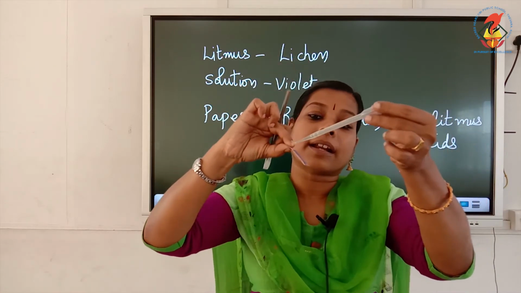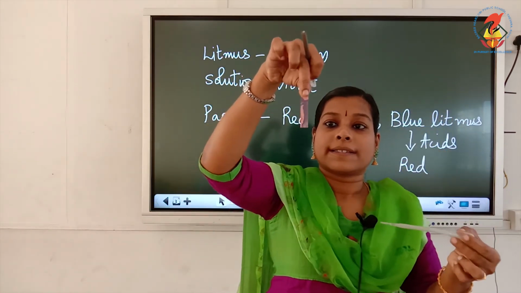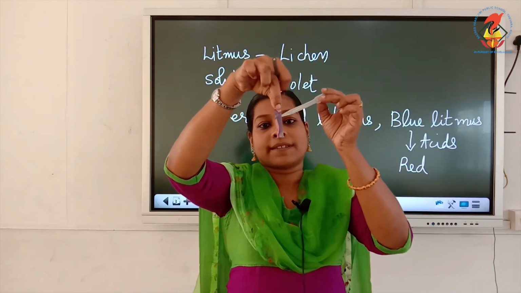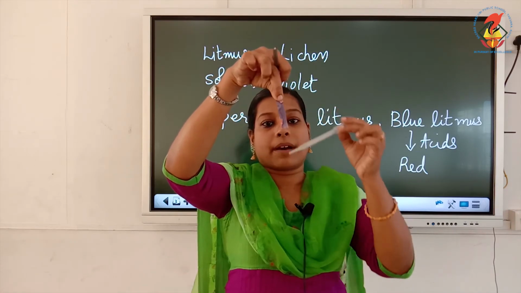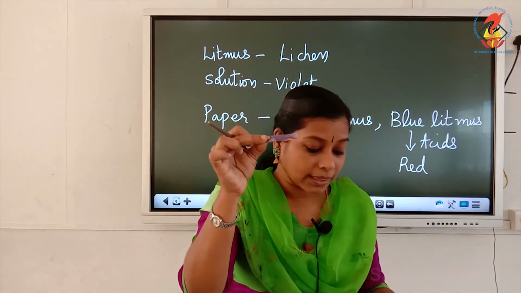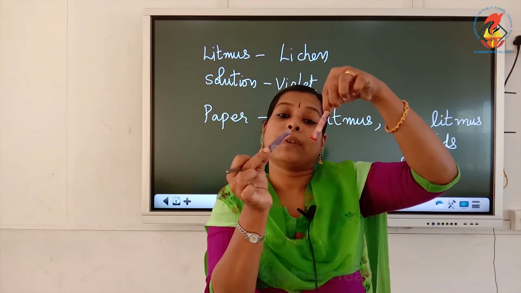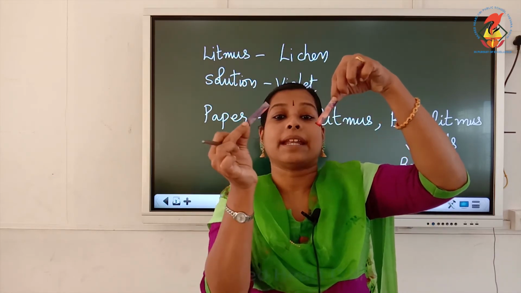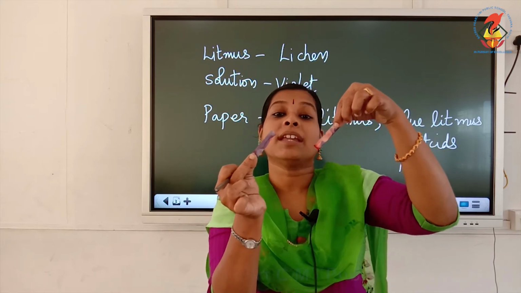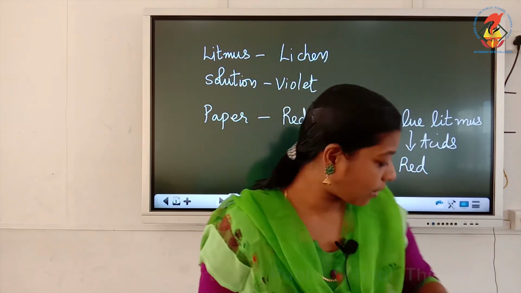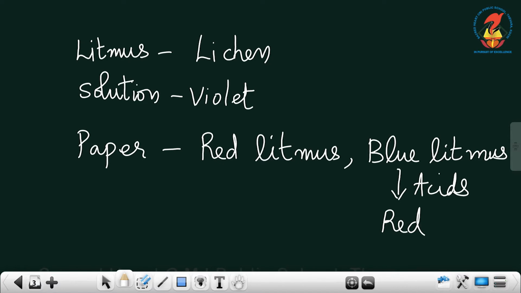Clear? See, this is the color change for this red litmus paper when in contact with bases. In acid, blue will change to red and in base, red will change to blue. So, that is the color of litmus in basic solution.